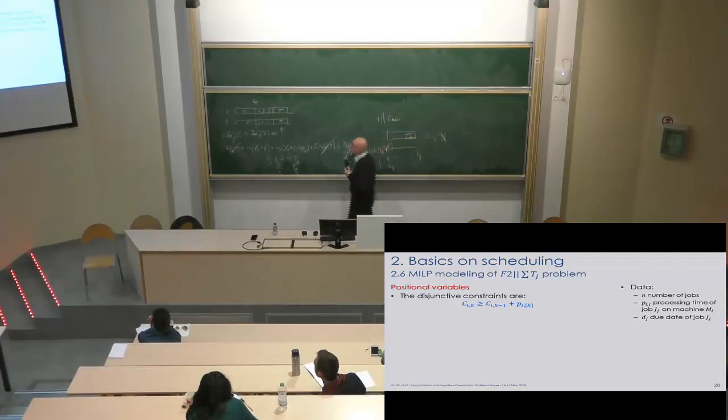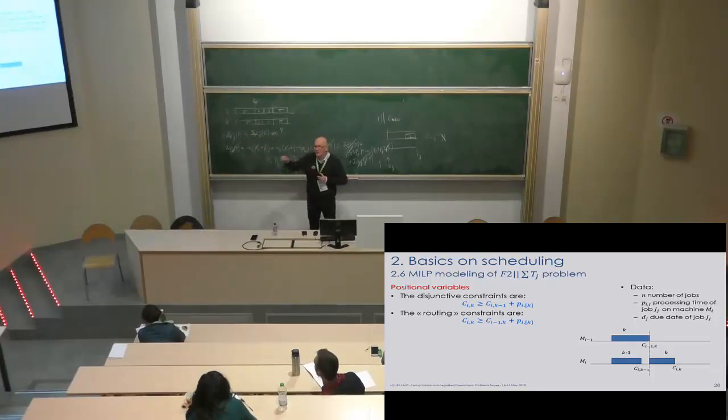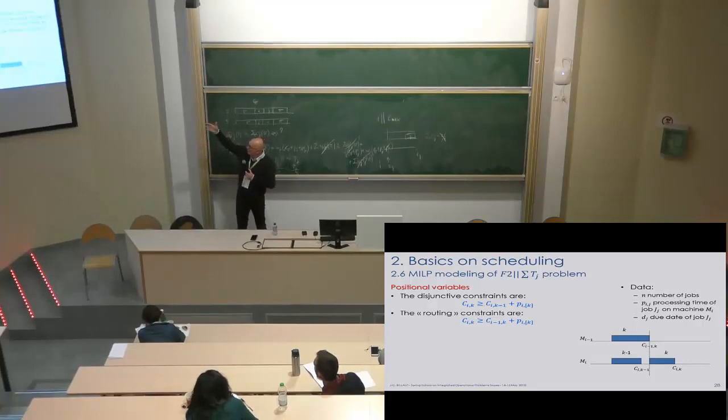It means that the completion time of the job in position k is greater than or equal to the completion time of the job in position k minus 1 plus its duration. And the routing constraints, routing in the shop, not vehicle routing, mean that the completion time of the job on machine i is greater than or equal to the completion time of the same job on machine i minus 1 plus its processing time.